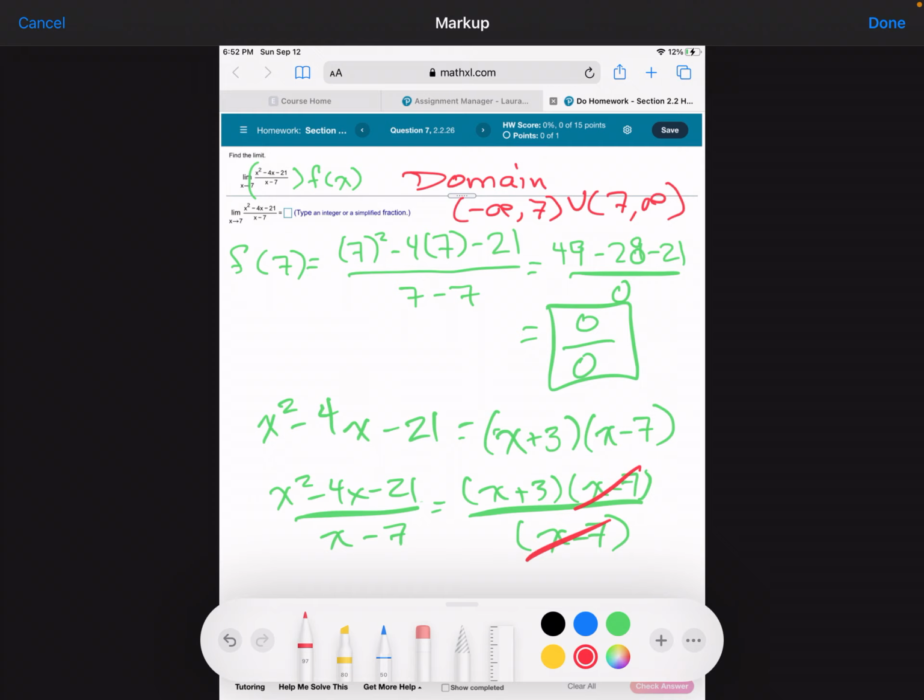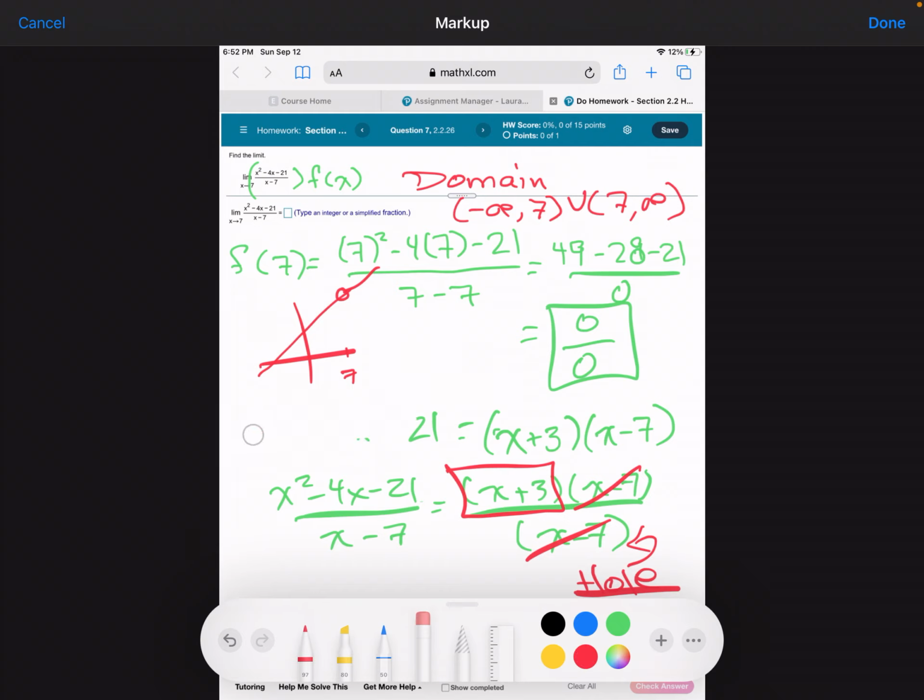What happens is, if it divides out like this, there's actually a hole in the graph there. If we were to graph this, it would just be x plus 3, so it would be this line here, but with a hole at 7. So we can find the limit by plugging in the 7, now that we've played with it.